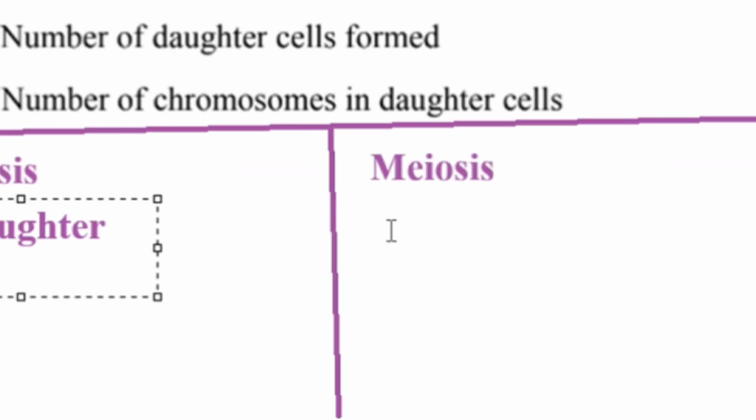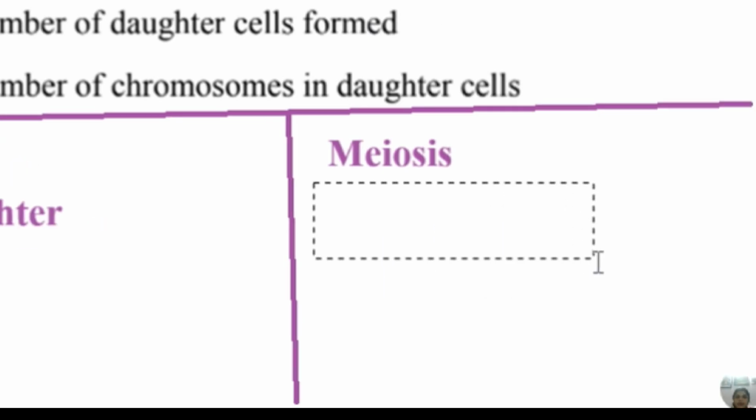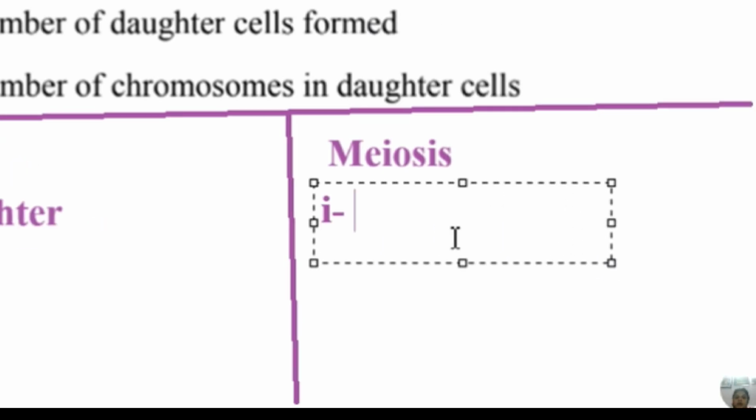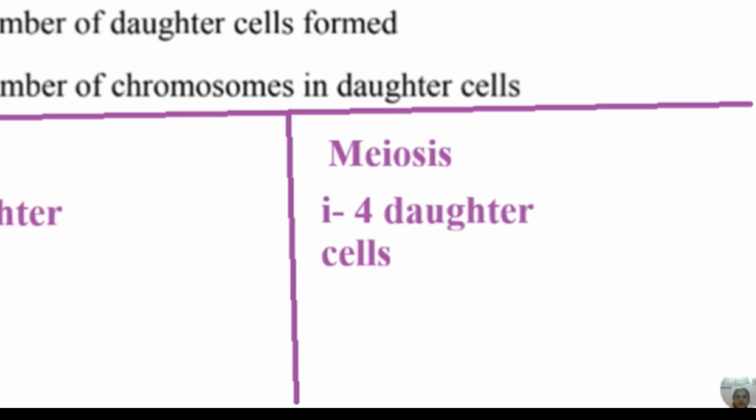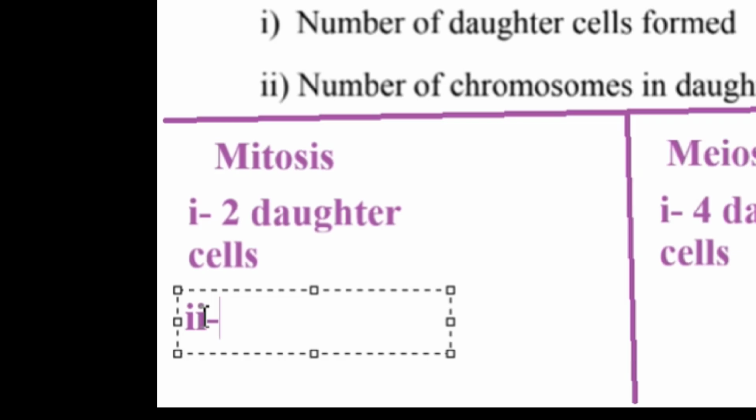Whereas in case of meiosis, from the parent cell, 4 daughter cells will be formed as a result of meiosis. Then for the part number 2, number of chromosomes in the daughter cells.